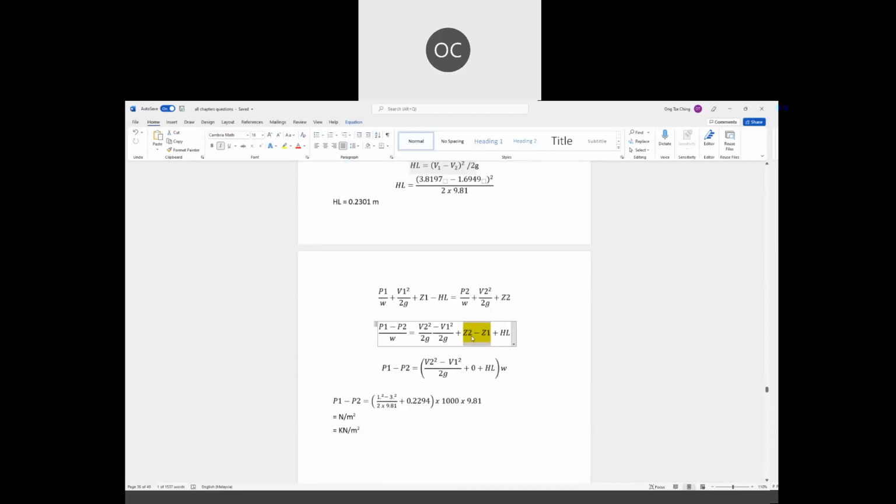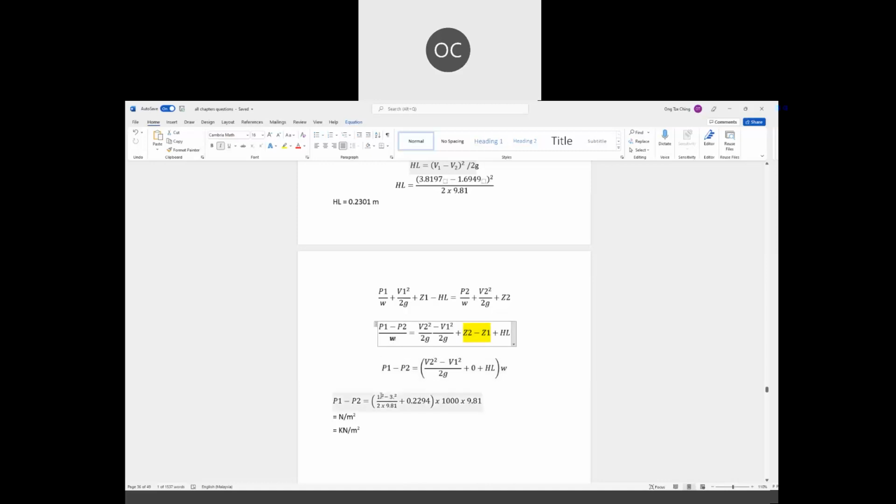Therefore, it will equal 0 here. Hopefully you are clear on this. So in order for us to get the pressure difference, we are going to multiply the whole terms on the right-hand side by W, the specific weight.